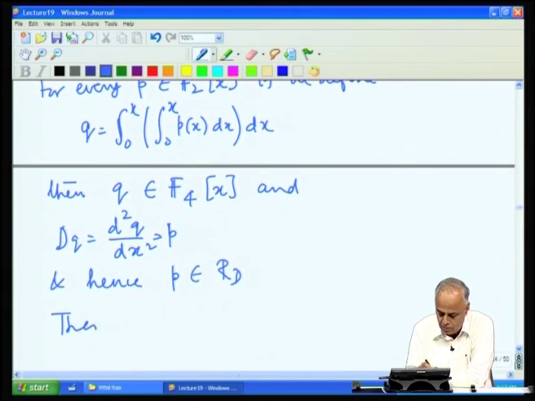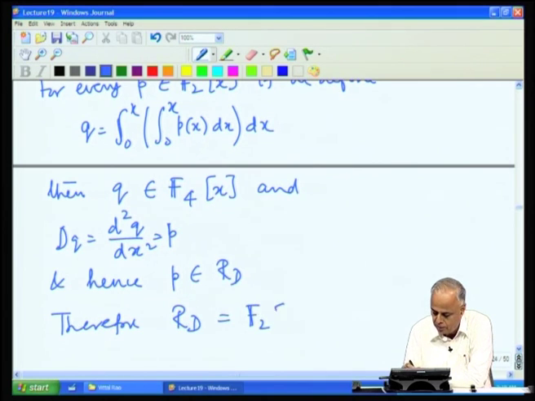Therefore, the range of D is precisely F2x.